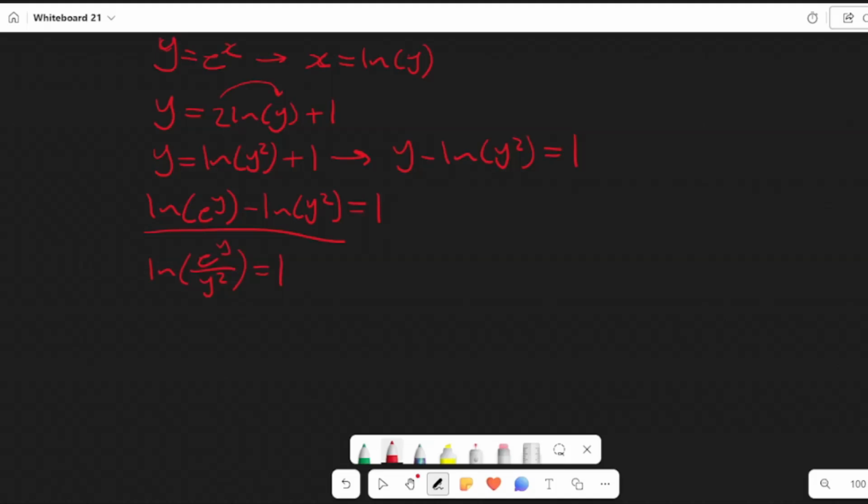And now, what I can do next is essentially raise e to both sides. So e to the y over y squared equals e.